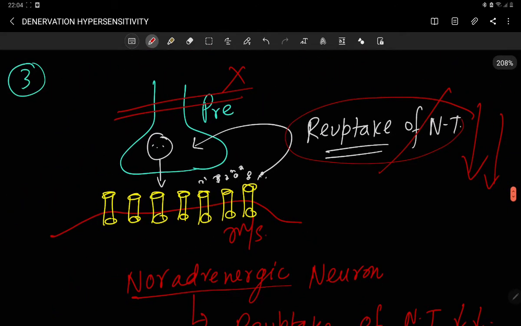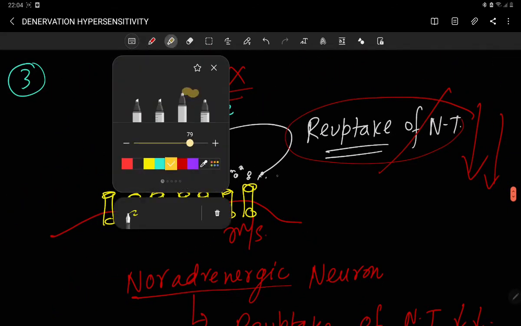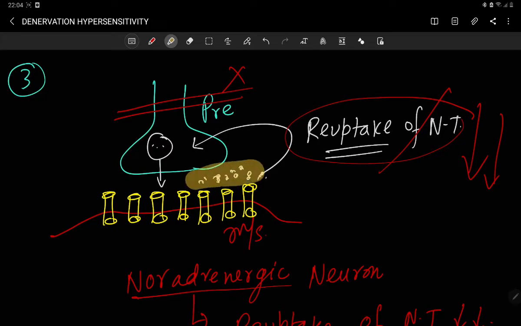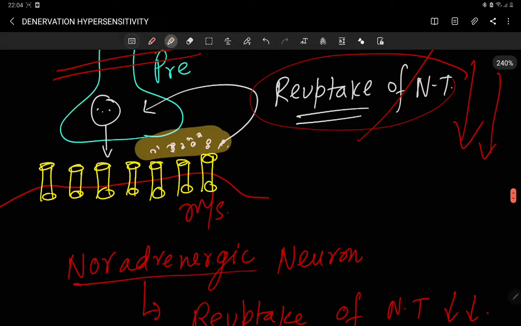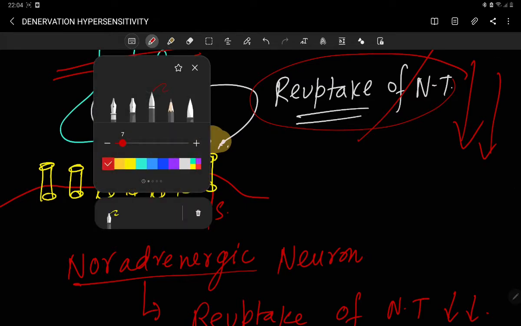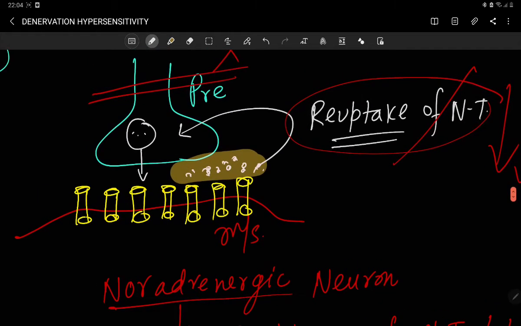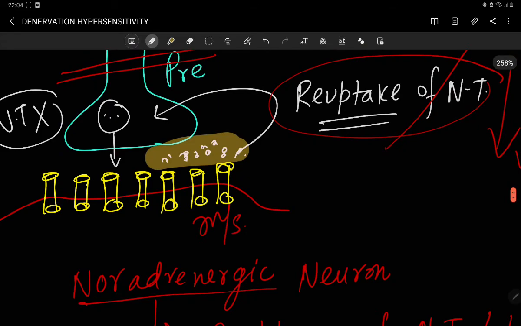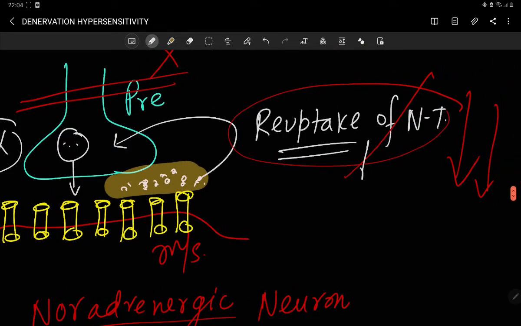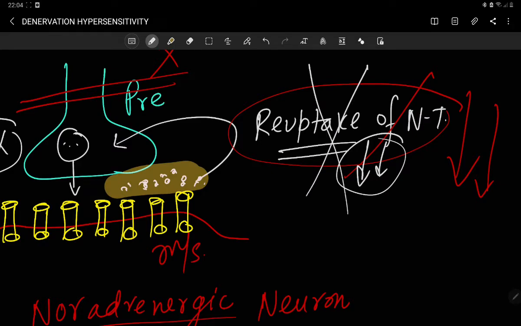This is causing one thing: the concentration of the neurotransmitter at the synaptic cleft remains increased. Although there is no synthesis of new neurotransmitter, simultaneously along with this, there is no reuptake of neurotransmitter either.